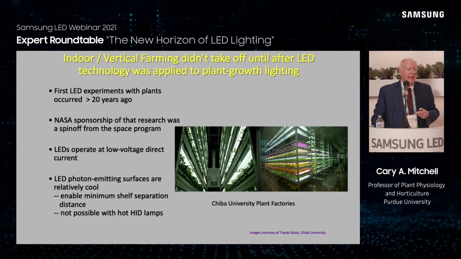LEDs started to take off in terms of a possibility for growing plants indoors without a lot of extra heating. And so on the right is one of Chiba's first multi-tiered plant factories using LEDs.